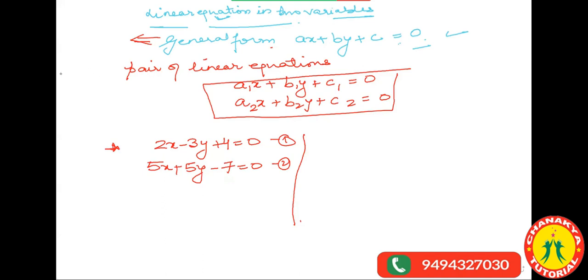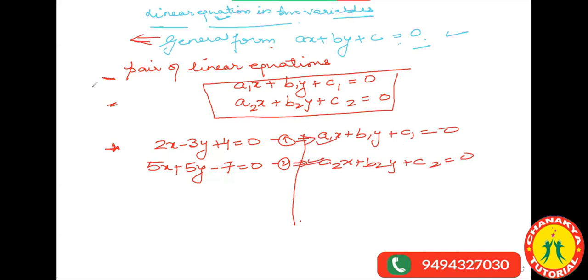Okay, Aman. See, our first equation is a1x plus b1y plus c1 is equal to 0. And the second is a2x plus b2y plus c2 is equal to 0. Now compare the first equation with this equation and the second with this. Now tell me the values of a1, b1 and c1.